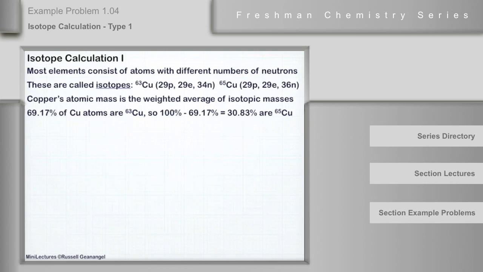So if we'd like to calculate the atomic mass of copper in the sample, it would be done using the weighted average formula.